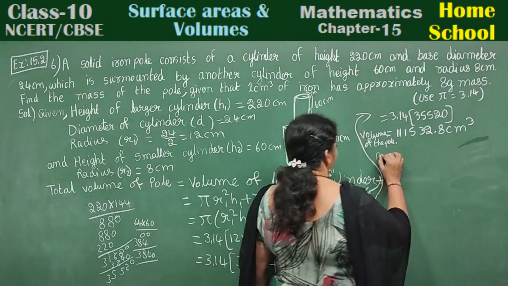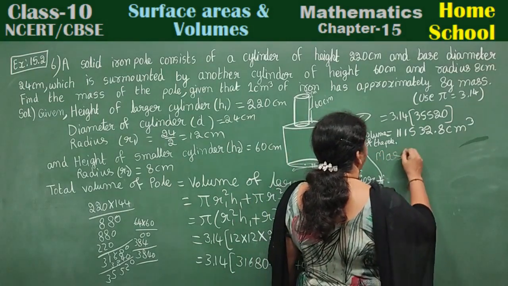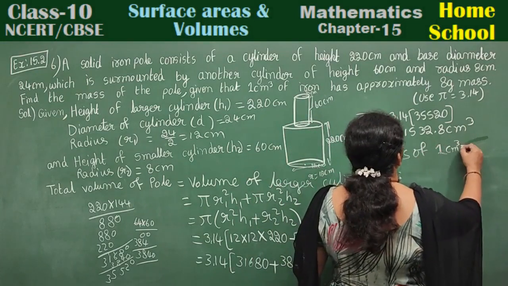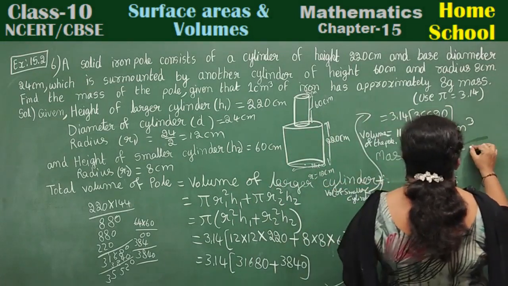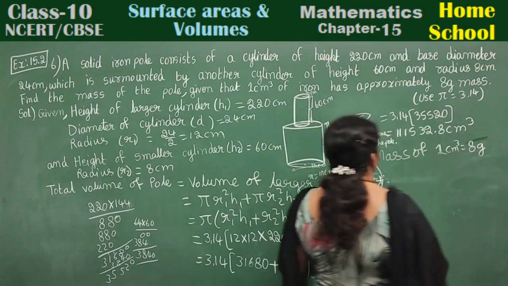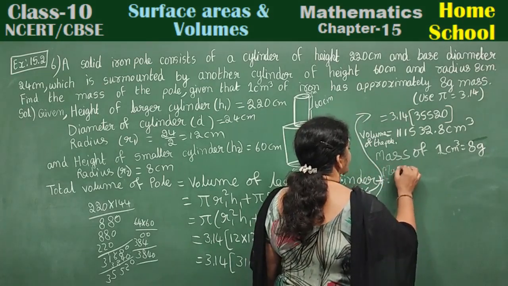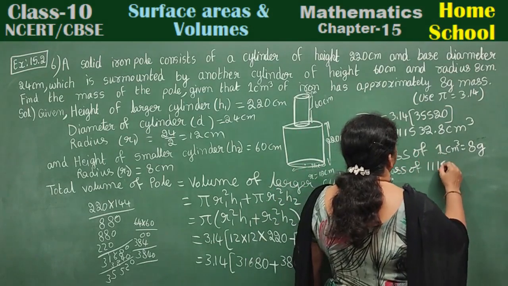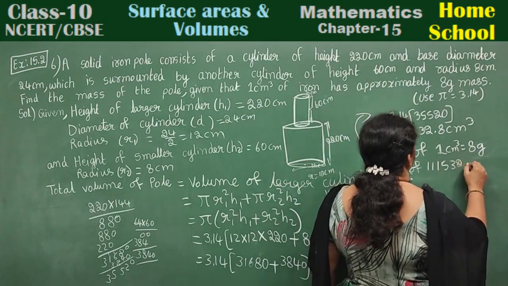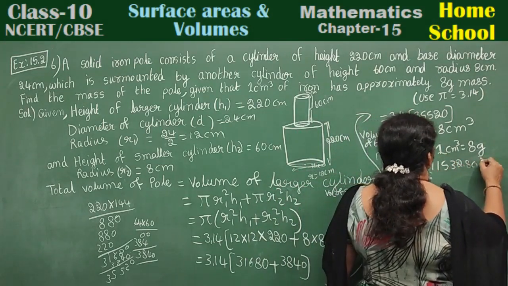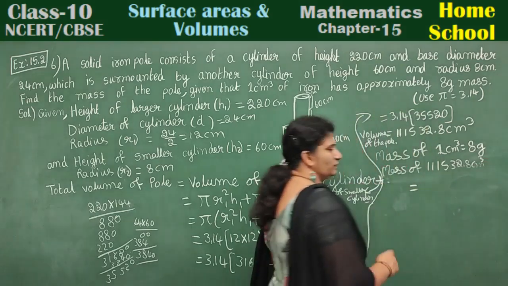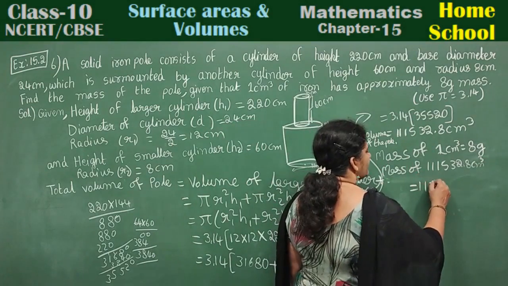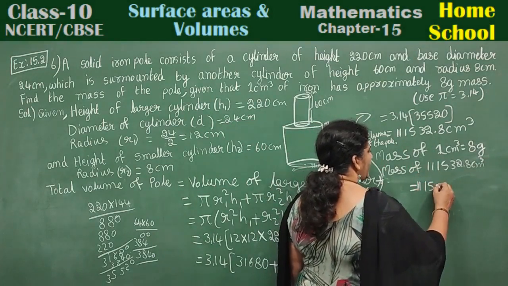Given mass of 1 cubic centimeter is equal to 8 grams. Then what about the mass of 111,532.8 cubic centimeter? How can we calculate? Multiply this with 8.